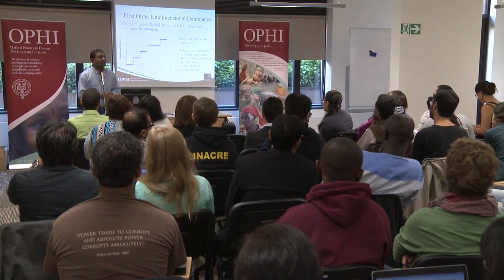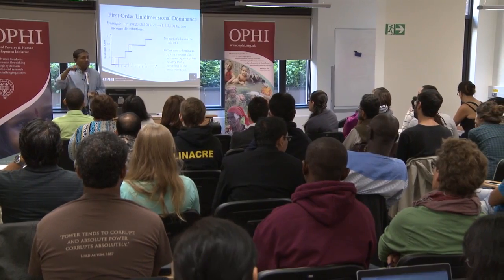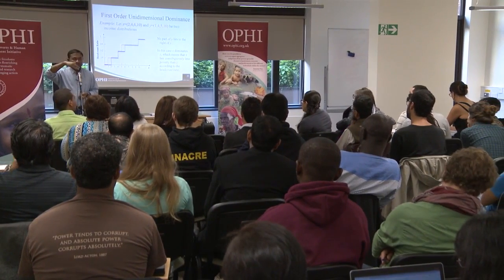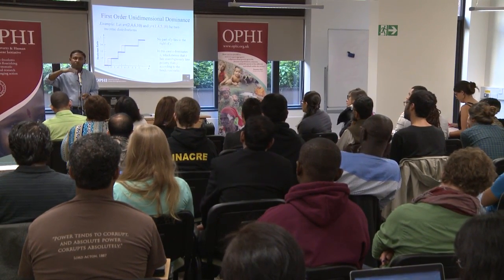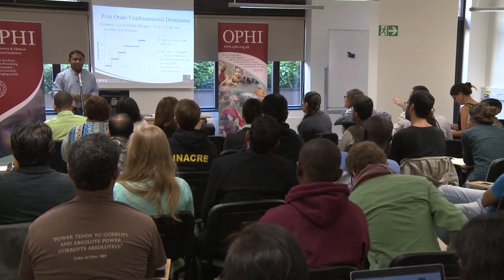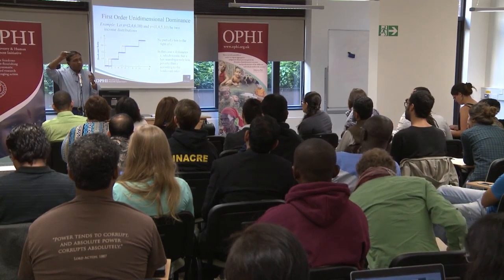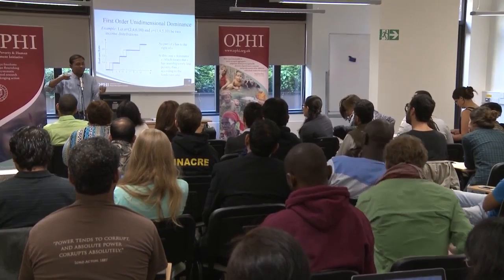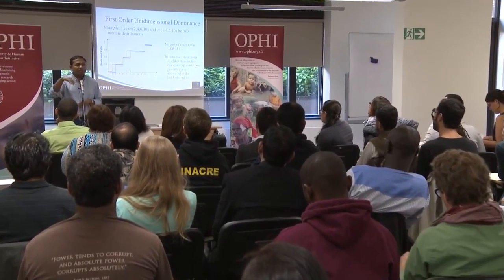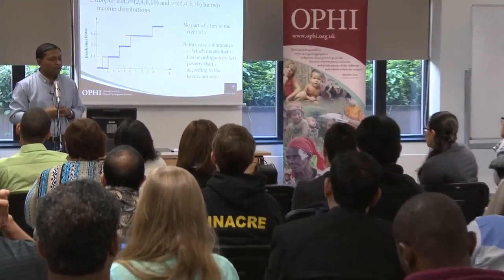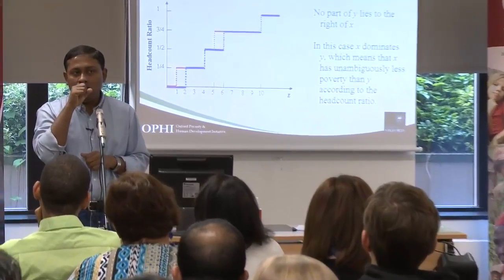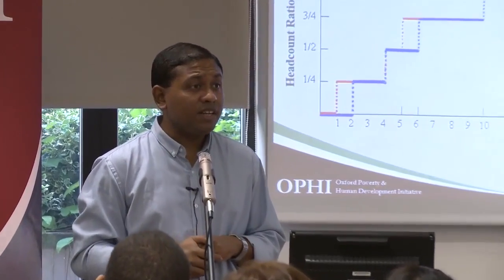When it is always above. Exactly. So one distribution lies above that of another distribution. So when you have two distributions like this, and one is always above another, for example, the red distribution here is always above, it's nowhere below the blue distribution. In that case, the red distribution can never have lower poverty than the blue distribution, right? Whatever poverty line you select.